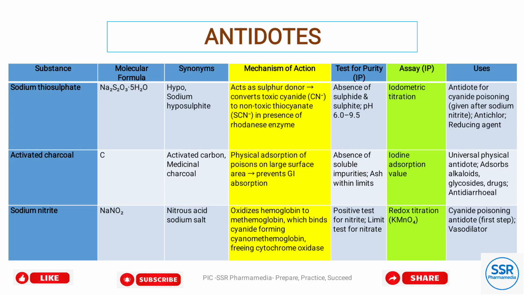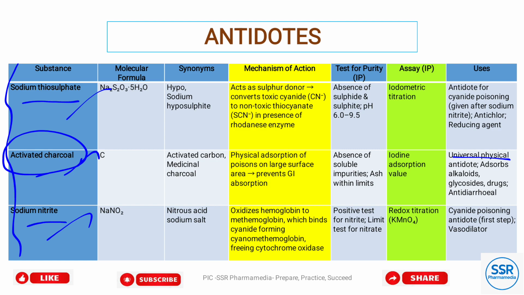Next is the antidote, sodium sulfate, and these are all the three compounds. They are given in the syllabus. Activated charcoal, sodium nitrate. So activated charcoal acts as a universal and physiological antidote, and the sodium thiosulfate and sodium nitrate are used for cyanide poisoning.